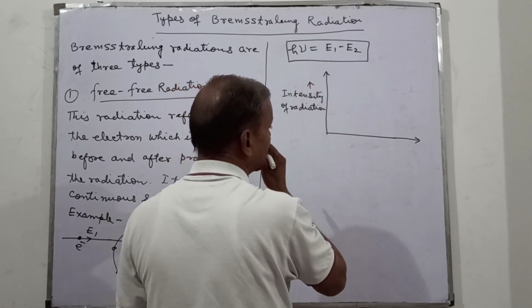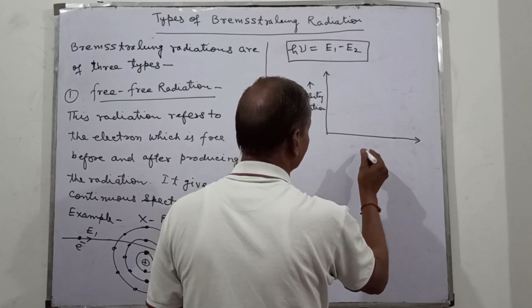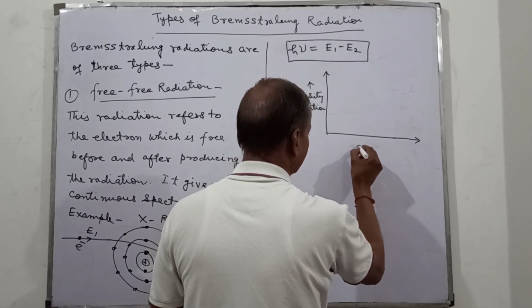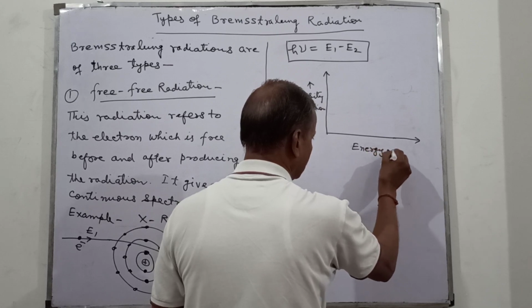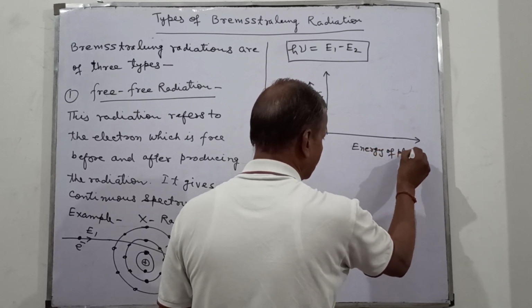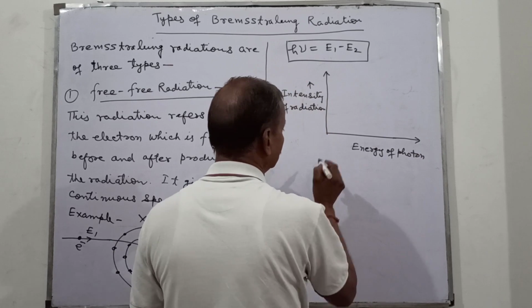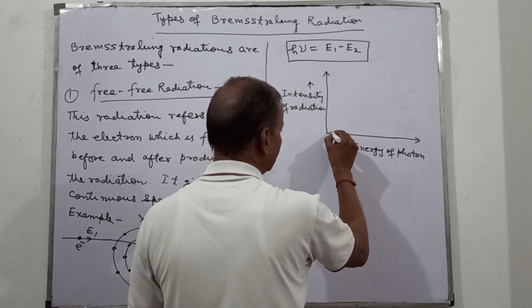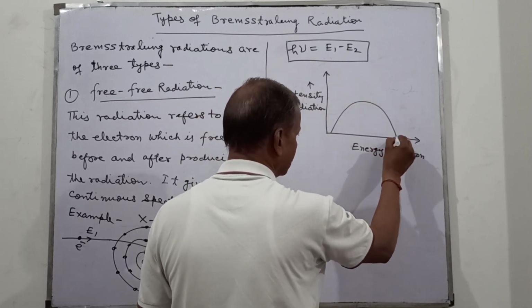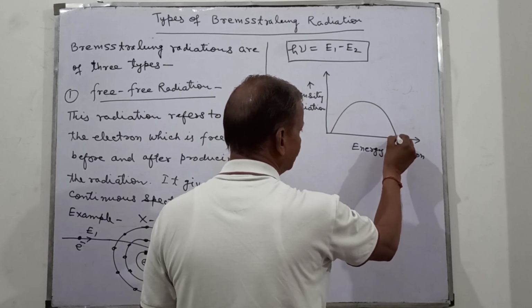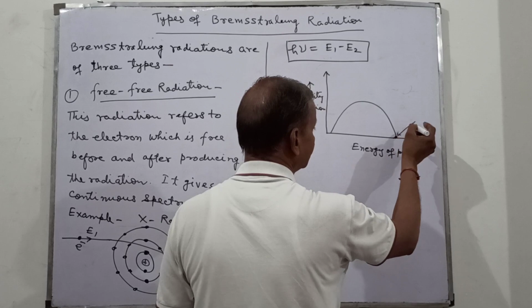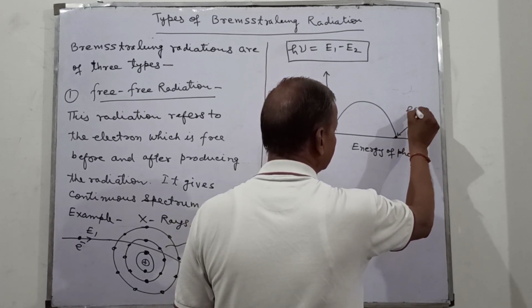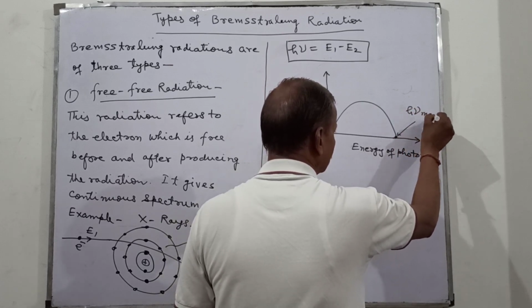This is the energy of photon. So it gives the spectrum like this. Now at this point, the energy of the photon is maximum, h nu maximum.